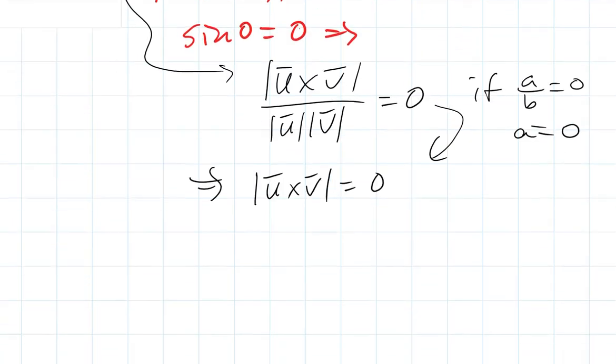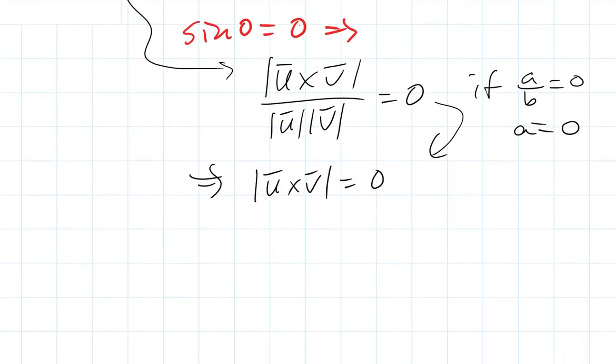So if this fraction is equal to 0, then the numerator is 0. And if the numerator is 0, that says that the length of this cross product is 0. Well, that would mean that the w that comes off of u and v would have to be the 0 vector, okay?